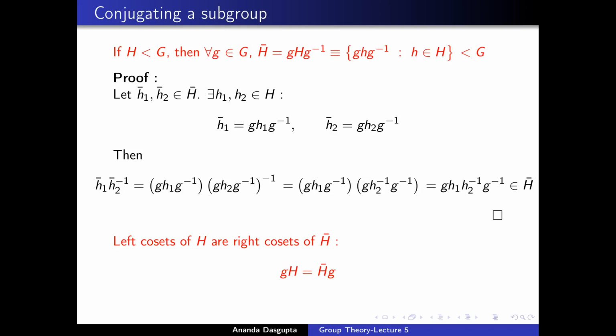But in general, if small g happens to be an element of the group capital G which is not in capital H, then it's quite possible that small g capital H G inverse will be some other subgroup of capital G. However, there are special subgroups for which small g capital H small g inverse always turns out to be the same as capital H, irrespective of whether small g belongs to capital H itself or not. And such subgroups are actually called normal subgroups.